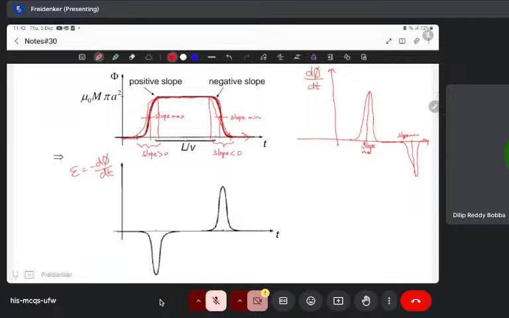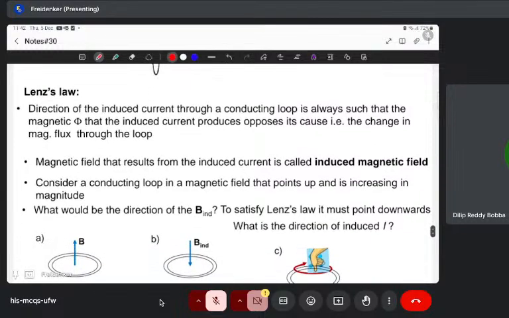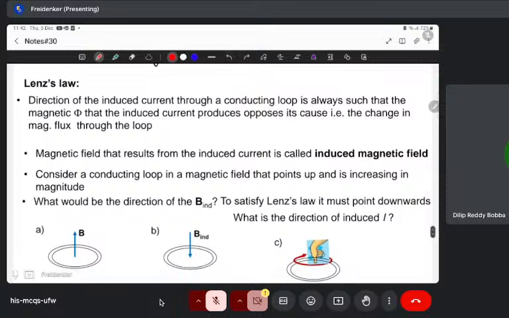So that is what we got: positive slope, negative slope. So yes, Lenz's law is basically the minus sign. It opposes a change in magnetic flux. The current is induced in such a way that the change in magnetic flux is opposed.